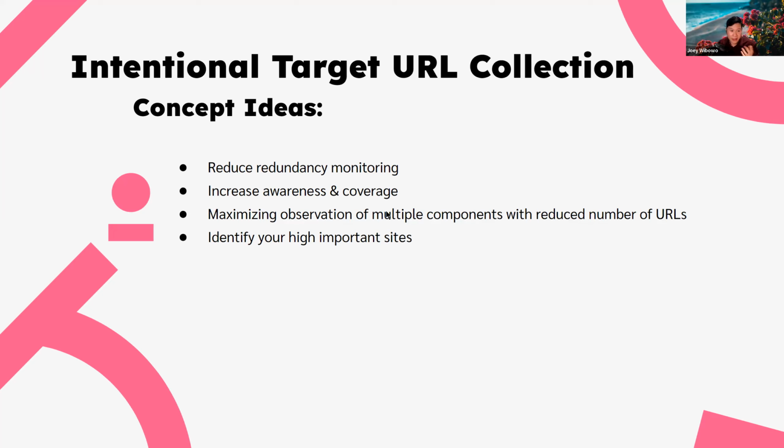And then maximizing observation of multiple components with a reduced number of URLs. And additionally, this is just the fourth one. If you want, you can always try to find your high important sites, high traffic sites, using your analytics tools, whichever it is, and use those sites to curate the URLs.